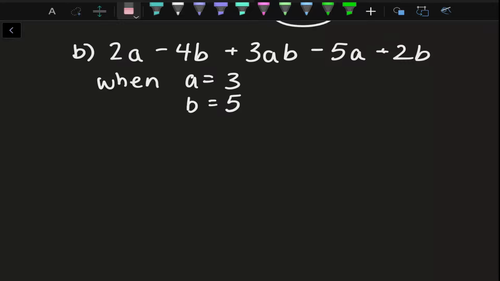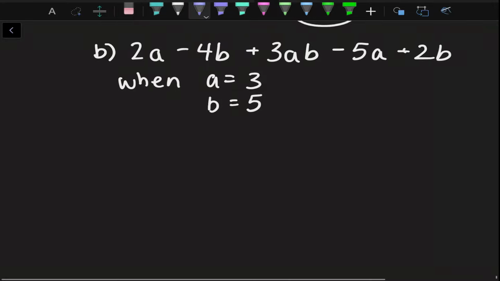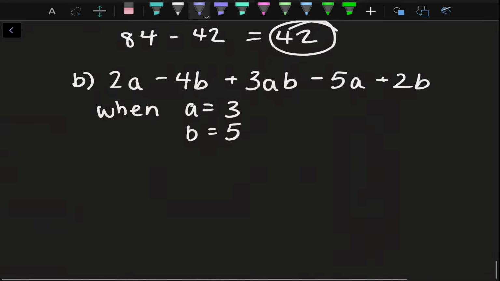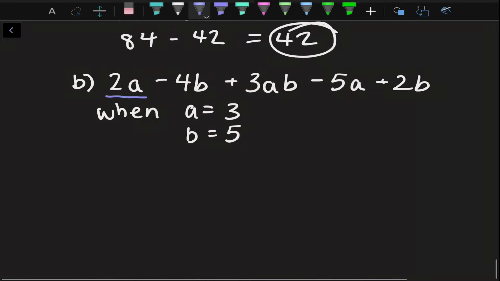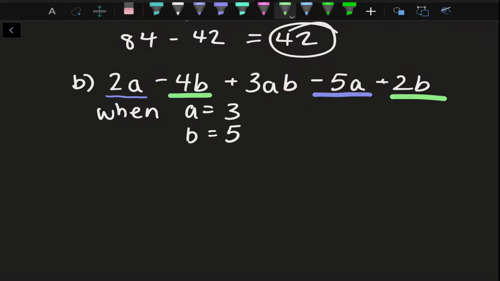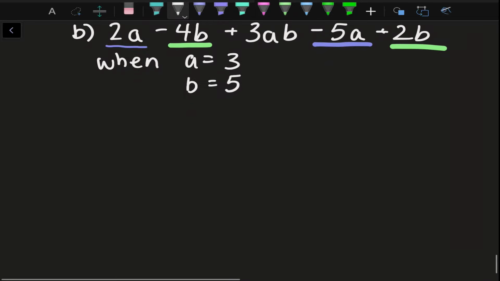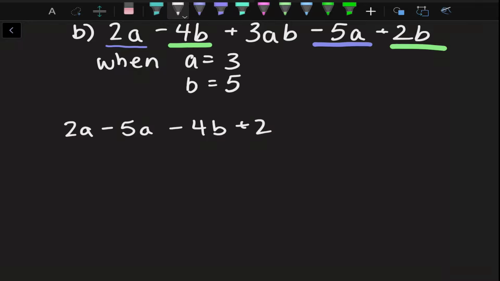So I can actually take all of my like variables and subtract or add them together. So in here I have 2a and negative 5a, and I have negative 4b and 2b. So if we rewrite this with those together, I get 2a minus 5a minus 4b plus 2b plus 3ab.